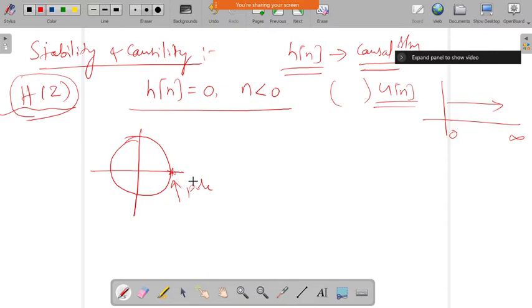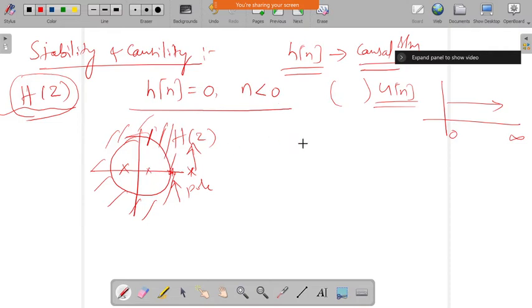Now if the ROC of h of z is outside this outermost pole, then we can say that the system is stable. If any one of the poles exists in the ROC, it is unstable. So generally all the poles should lie within the ROC circle.